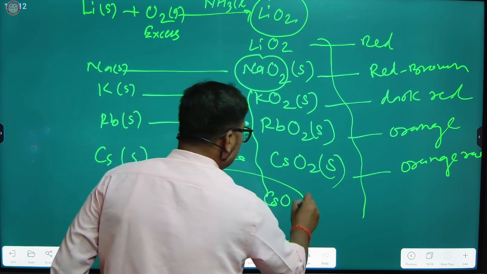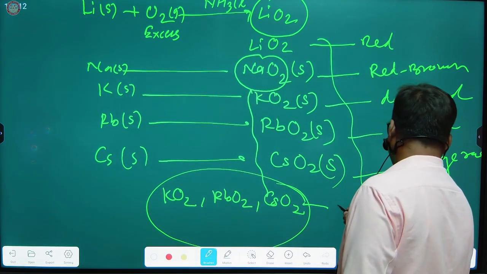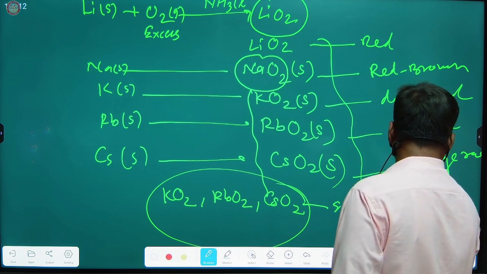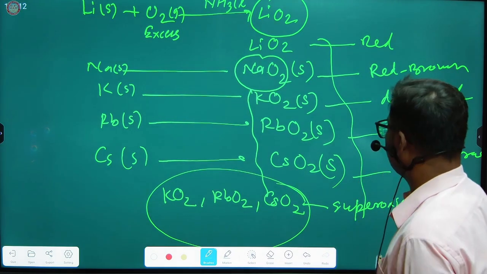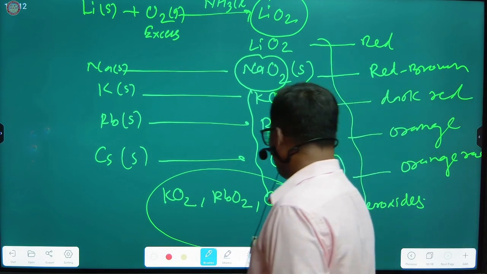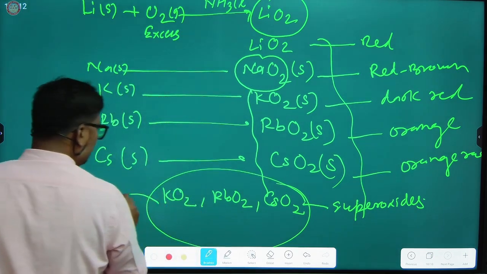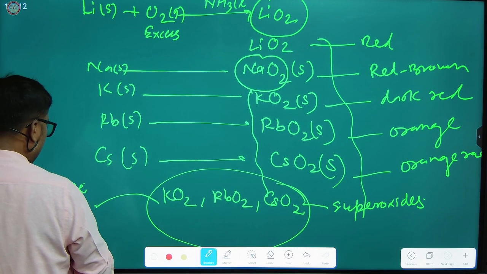So these are the most stable superoxides of alkali metals. So all these superoxides are basic in nature.